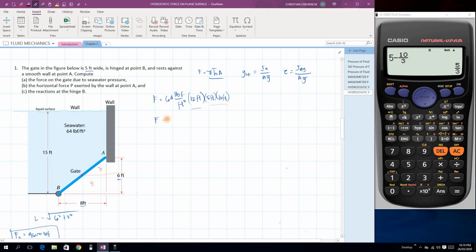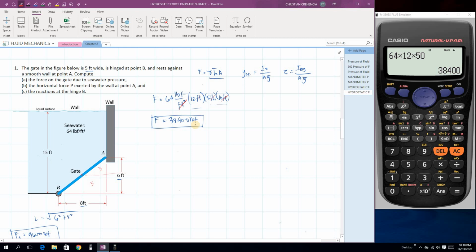So, yung force natin is equal to 64 times 12 times 10 by 5 is 50. Okay, so we have 38,400 pound force. So, feet, so cubic feet over cubic feet. So, we have pound force.